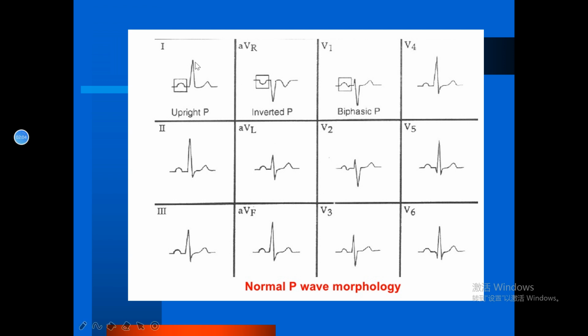In this picture, it shows that the P wave at V1 is upright, and at aVR is inverted, and of course at lead 2, lead 3, and aVF, the direction of the P wave is upright. So it means the P wave comes from the sinus node. So this is the morphology of the normal P wave.